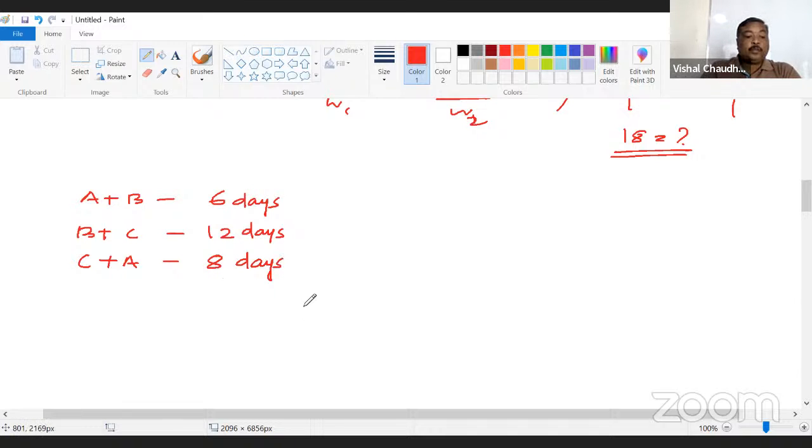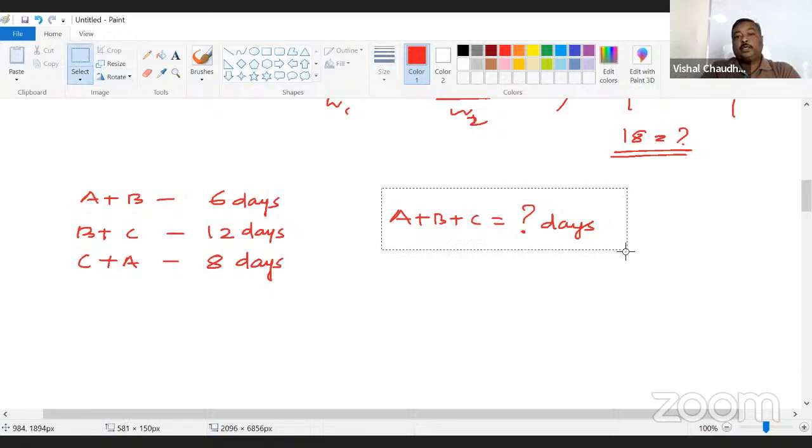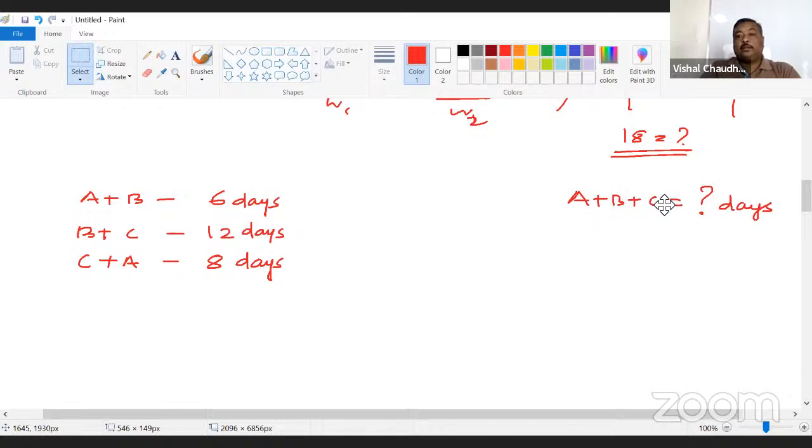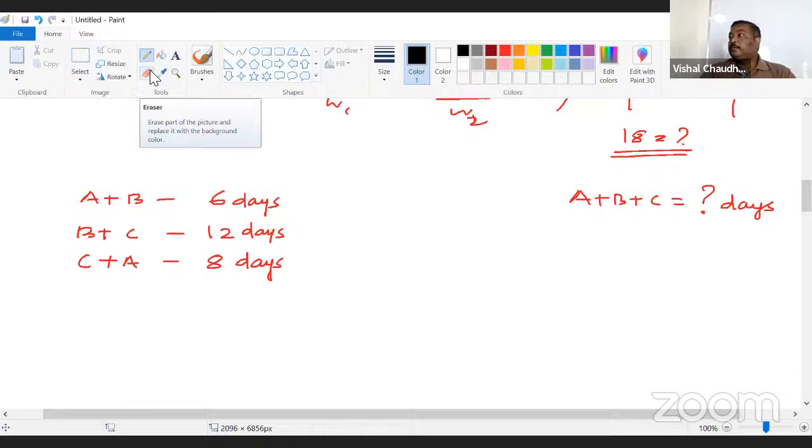Okay. If A, B, and C start working together, in how many days are they going to do the job? This is your question. Please attempt it now, everyone.